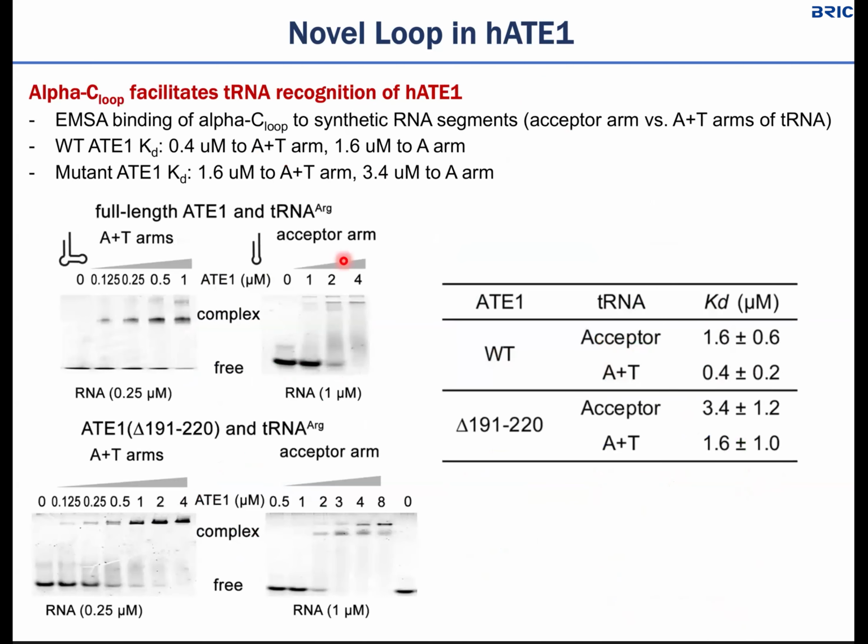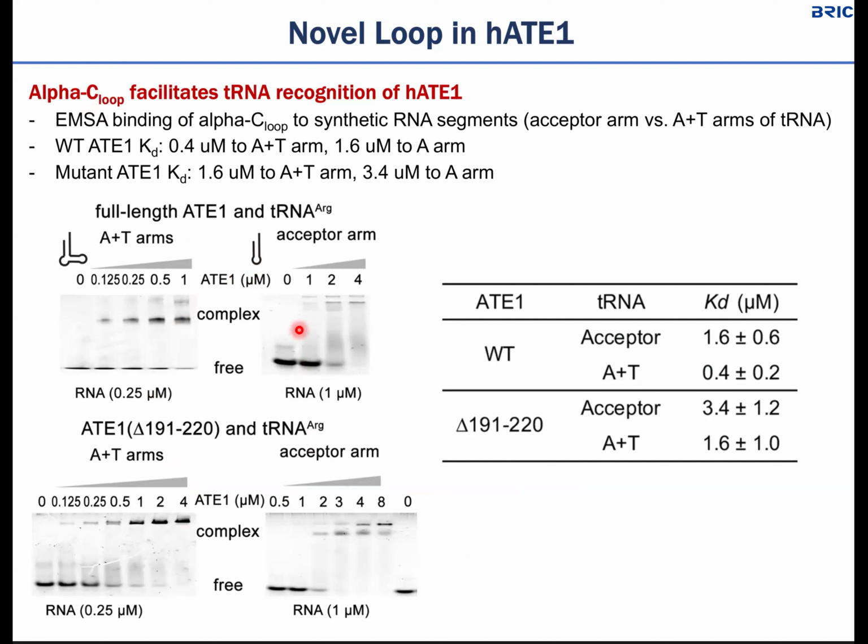So we suspected that this alpha C loop helix facilitates tRNA recognition in human AT1, and conducted EMSA gel shift assays to determine the binding of wild type or mutant AT1 lacking this alpha C loop to the acceptor arm alone or the A and T arms of tRNA.